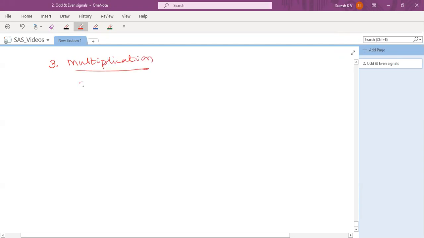For example, if x1 of t is the input signal and x2 of t is another input signal, then the output y of t is multiplication of the signals x1 of t and x2 of t.